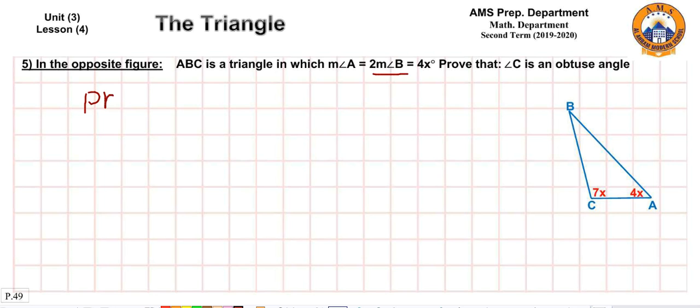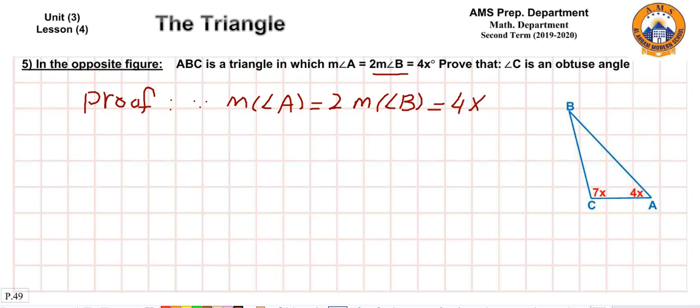So our proof is, we will start by finding the measure of angle B. We will say since the measure of angle A equals double the measure of angle B equals 4x, therefore measure of angle B equals 4x divided by 2 equals 2x.